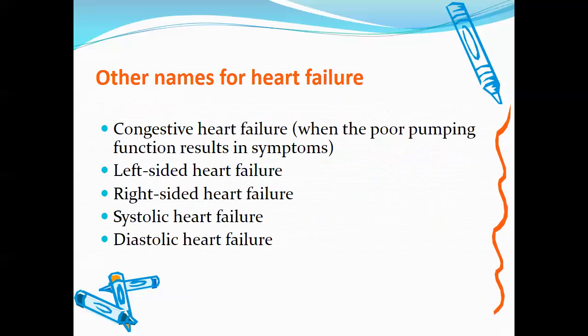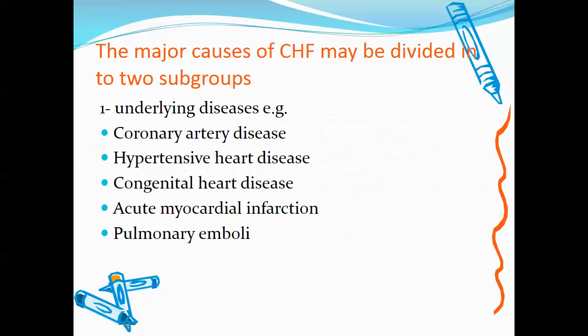Synonymously, congestive heart failure, with left-sided heart failure, right-sided heart failure, systolic, diastolic heart failure, goes a number of different ways. So major causes are divided into underlying disease causes: coronary artery disease, hypertensive heart disease, congenital heart disease, acute MIs, pulmonary embolism.